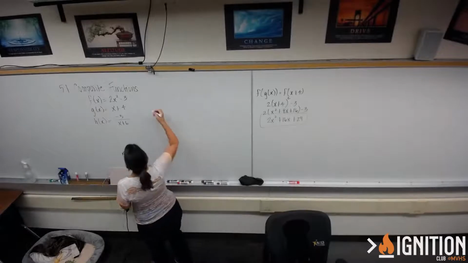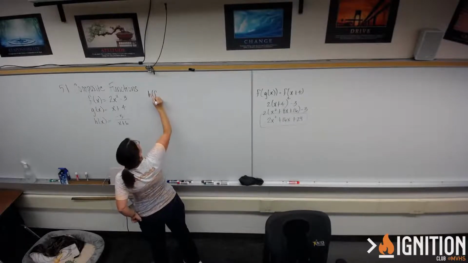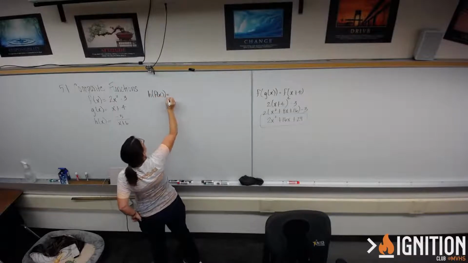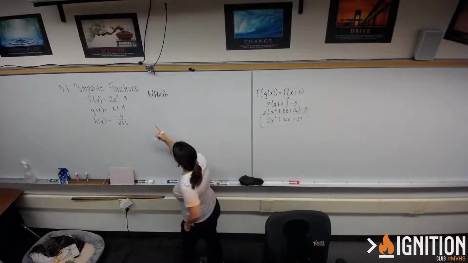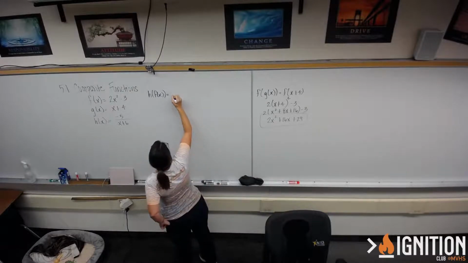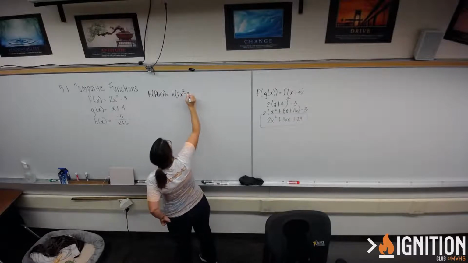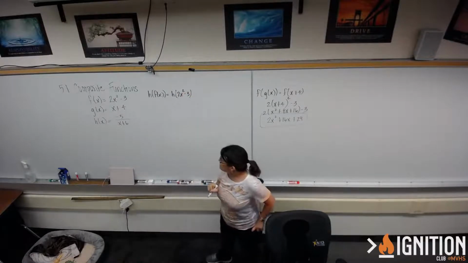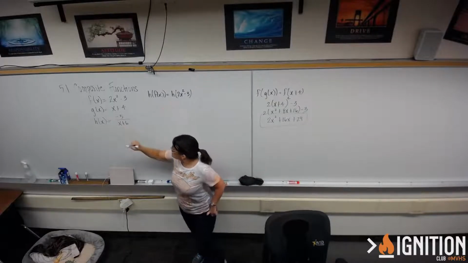Okay, so let's look at the h of f. We need to practice using the complex fraction. So the h of f is going to be the h of 2x squared minus 3. X comes out. 2x squared minus 3 goes in.